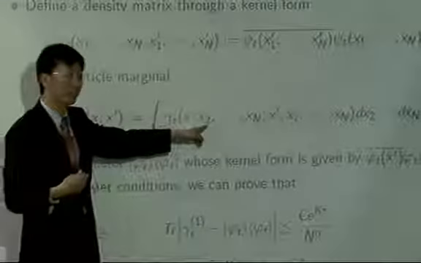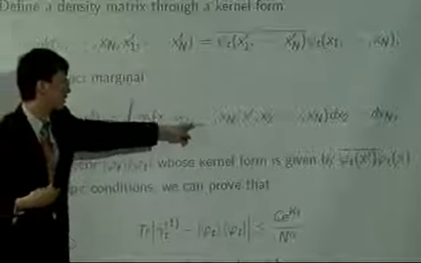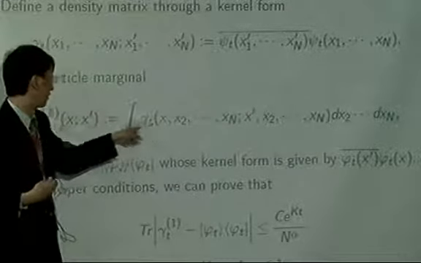If you have n particles, then there is no hope to find the right sense of the approximation of the first slide. So we have this one-particle marginal instead. This means that we want to cancel the effect from the x2 to xn particles. So we only have this gamma_t of two variables, x and x prime.